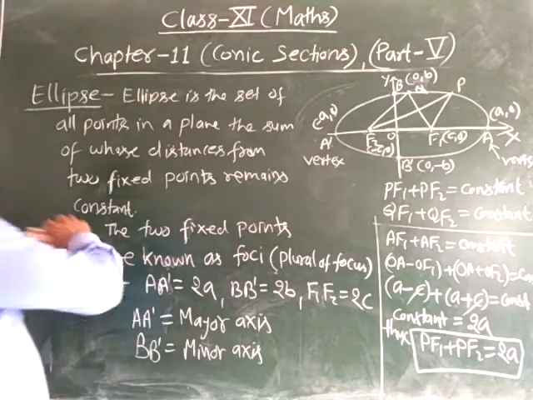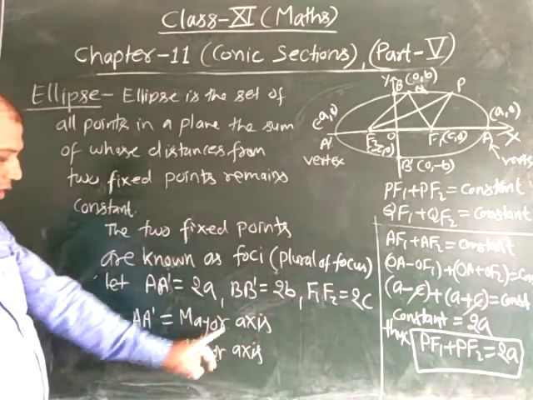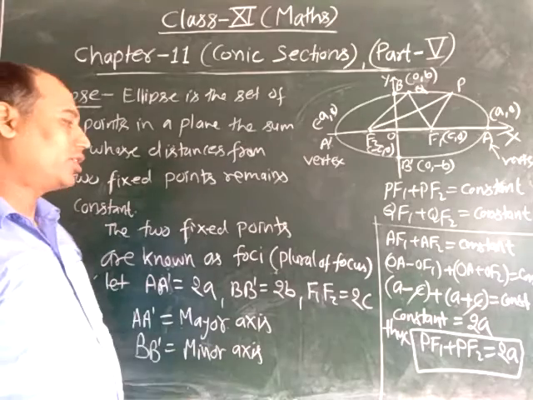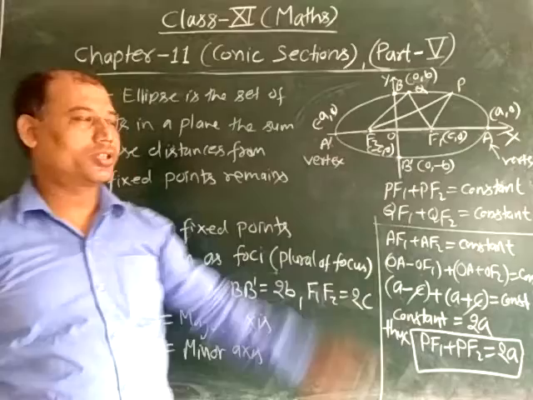Now let us know the relationship between the semi-major axis, semi-minor axis, and the distance of the focus from the origin.